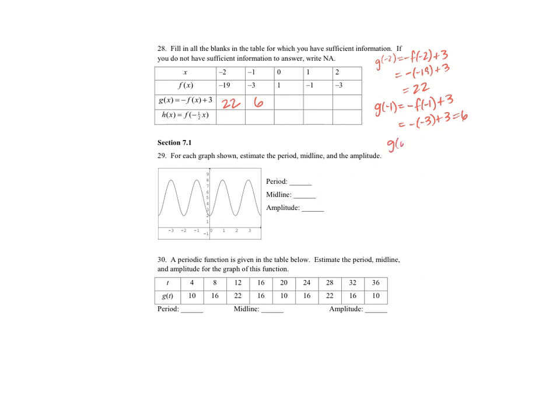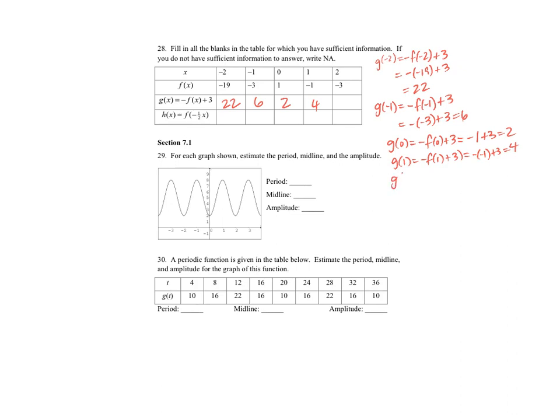And g of 0 is going to be negative f of 0 plus 3. So negative f of 0 is negative 1, plus 3, so that's 2. And g of 1 is going to be negative f of 1 plus 3, and f of 1 is negative 1. So that's 1 plus 3, which is 4.